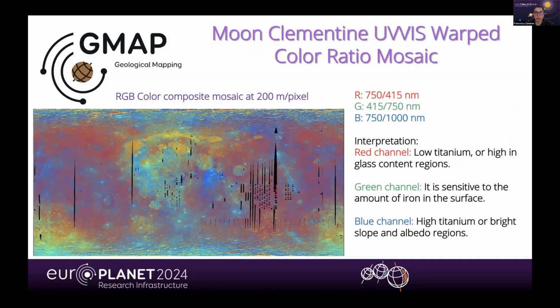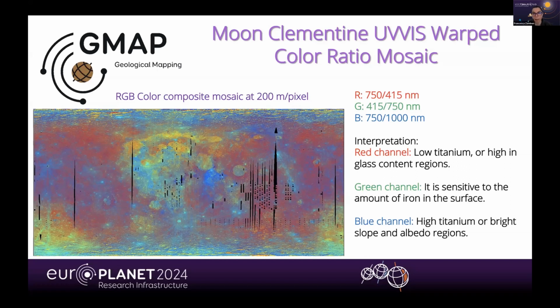You see here the typical RGB map from the Clementine mission. In this map, you have three different ratios in the three channels. So you have the red channel with the ratio between the band at 715 nanometers and that at 415 nanometers.